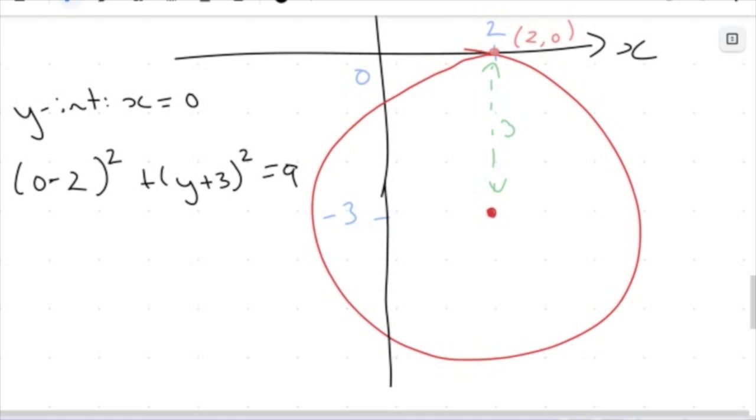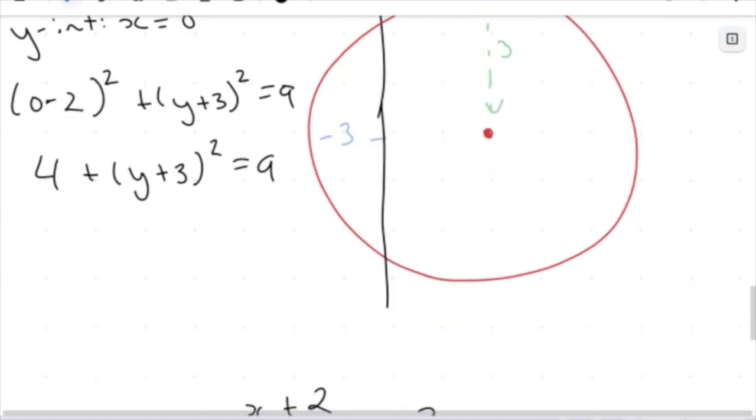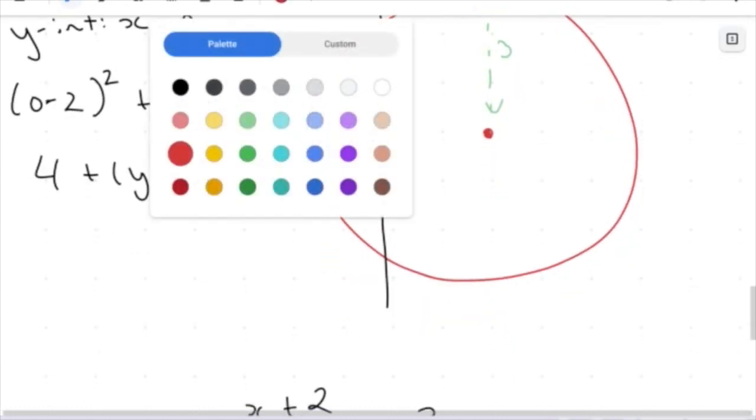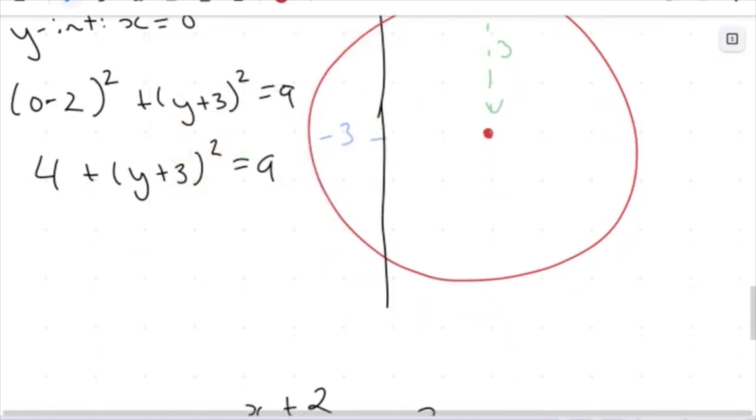So 0 minus 2 all squared is like saying negative 2 all squared. That gives me 4. And I have y plus 3 squared equals 9. And I want to just strip everything away so I get left with y. So first I'm going to subtract 4 from both sides. This gives me that y plus 3 all squared gives me 5.